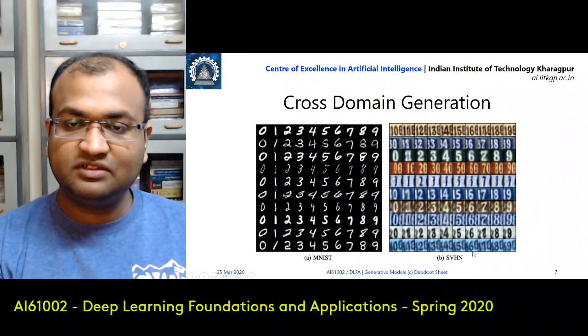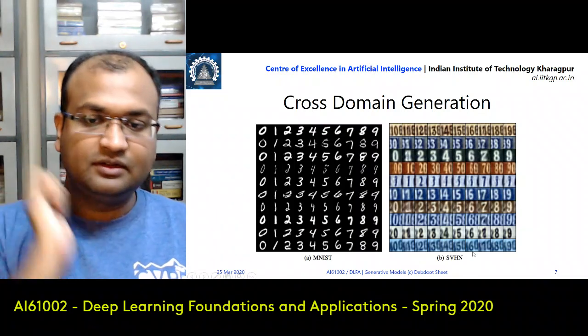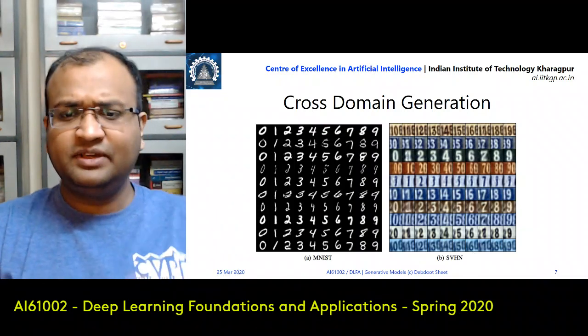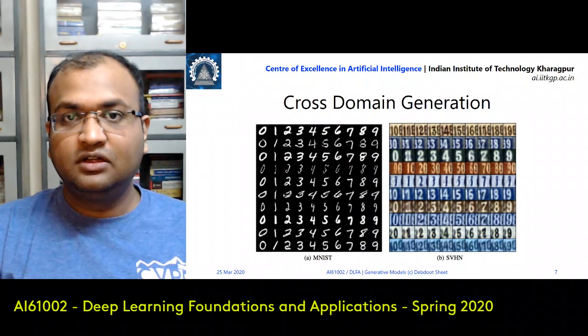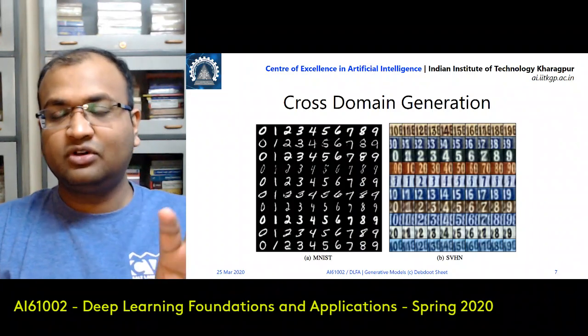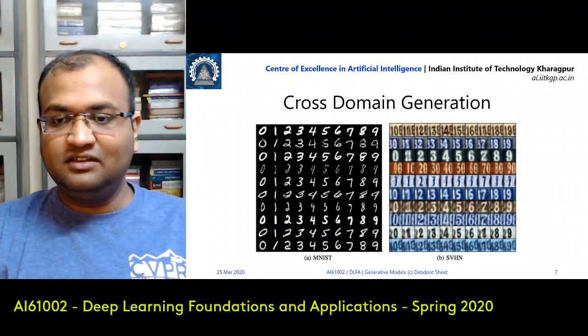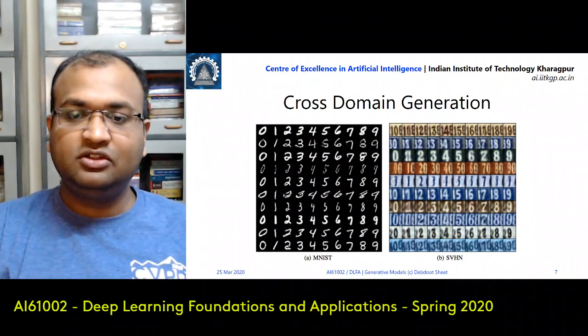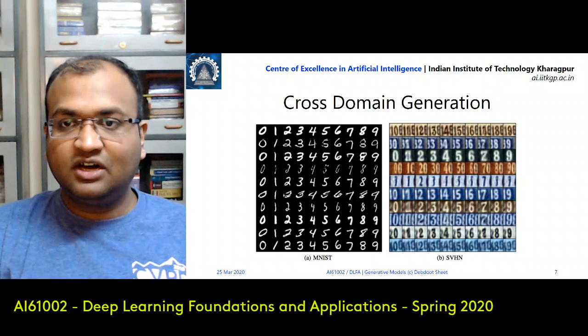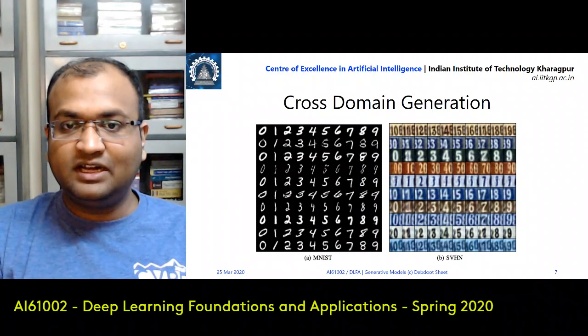Street View house numbers is a data set of images of house number plates. So in certain countries, and in our country also, in certain places you would see that houses have numbers. In general all houses are allotted numbers, but we don't typically make an attempt to write down the number of our house outside the house.